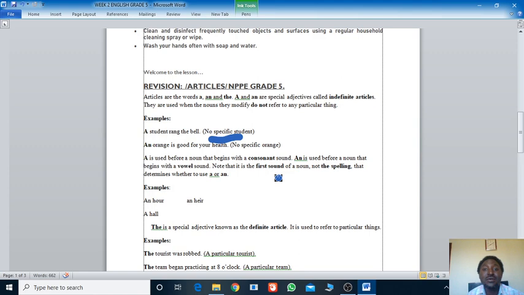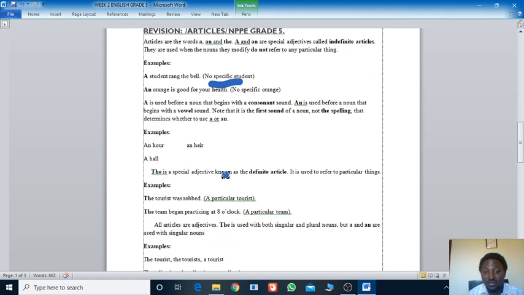He left an hour ago, like here. An air, an hour. Now, note that we are considering the pronunciation, the sound, not the spelling. So that's why it is an hour and not a hour. Then a hall, an air, an hour.